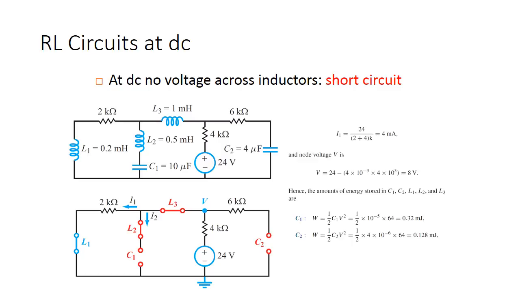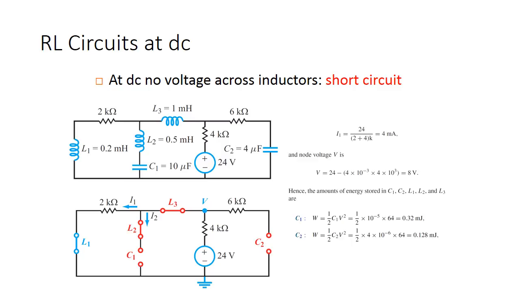So we're left with this circuit here in the bottom, which we can calculate out, because essentially you have your 24 volt voltage source. It's going to come up through the 4 kilo ohm resistor. It's not going to go to the right because, again, you have an open C2 there, so none of it is going to go to the right. We're going to have it go to the left, though, through that L3, which is going to do nothing because it's a short circuit, all the way through a 2 kilo ohm resistor, through L1 and back down to the return on the battery.